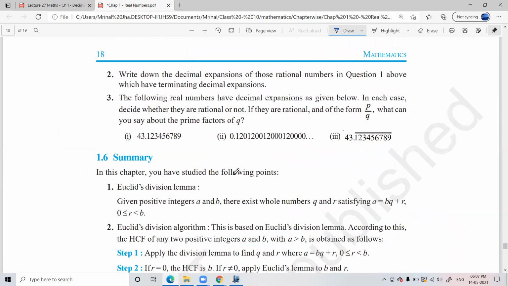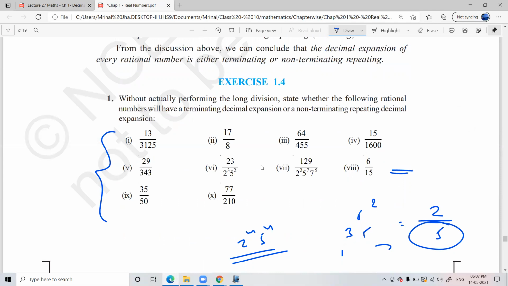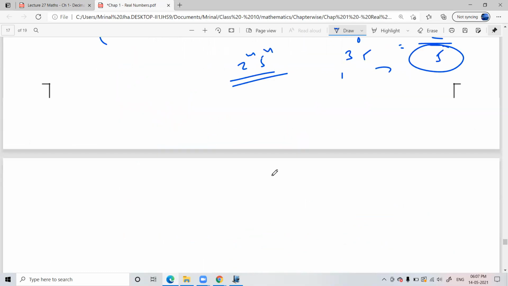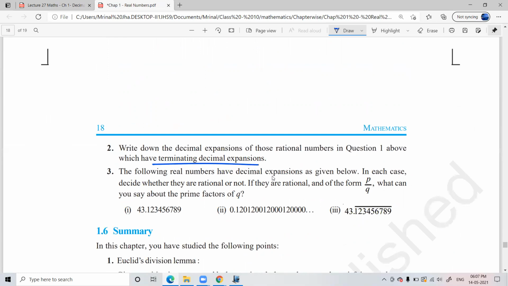So next question. Write down the decimal expansion of those rational numbers in question 1 above. You have to go to the same question and write down the decimal expansion of these numbers. Only the ones which have terminating decimals, not all of them.